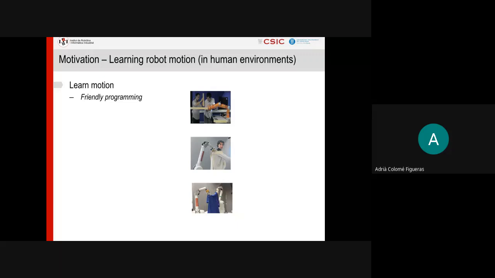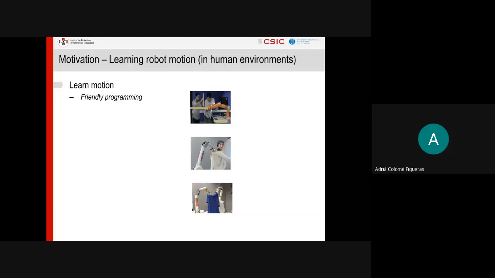One of them is that we want robots to be very easily programmable, so that anyone can program a robot and show it a certain motion. Traditionally, in the early stages of industry, an engineer in a factory would go to these huge robots and program the motion point by point: from here to there, to there, to there, and then this motion would be repeated and repeated.